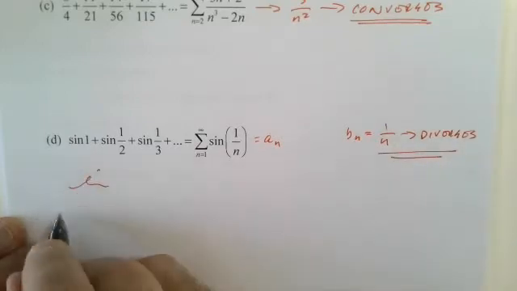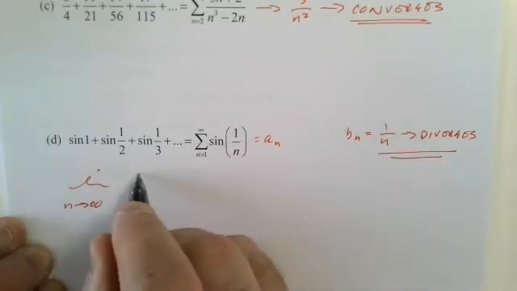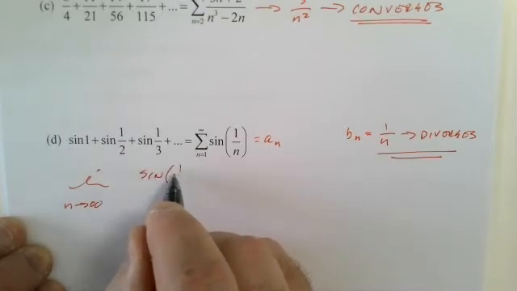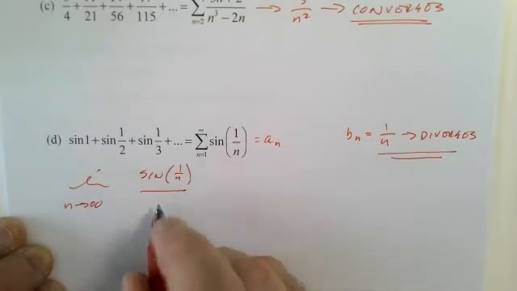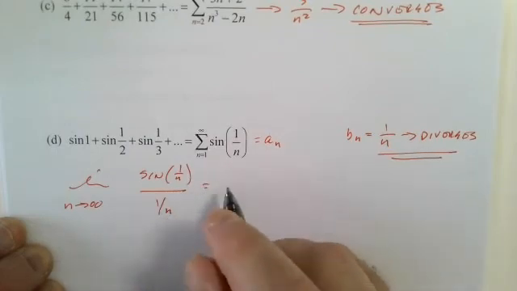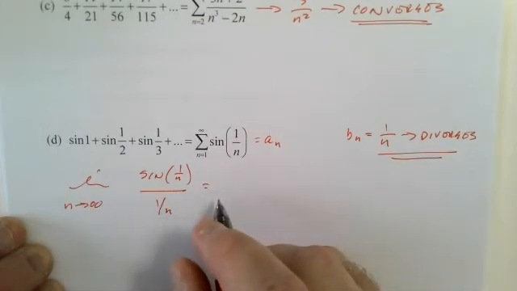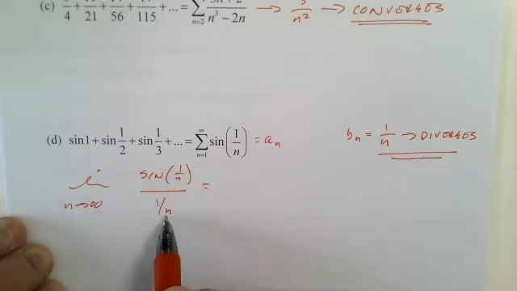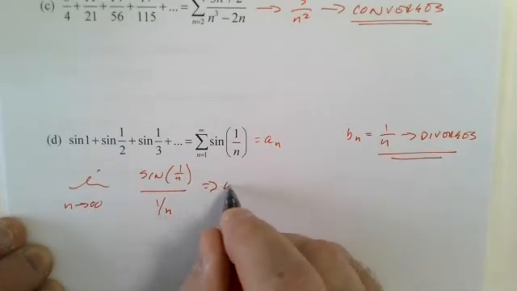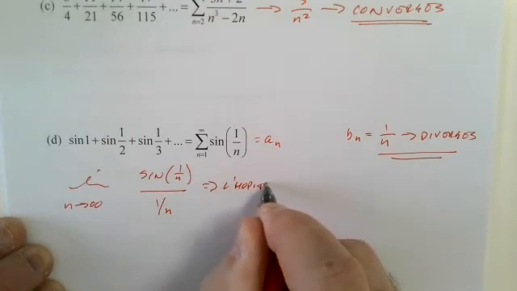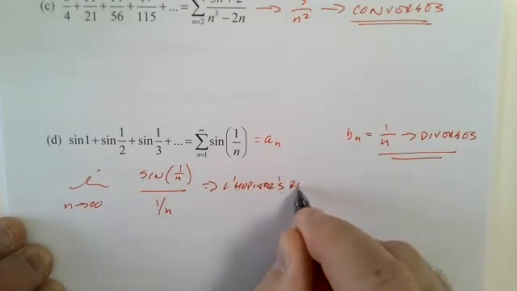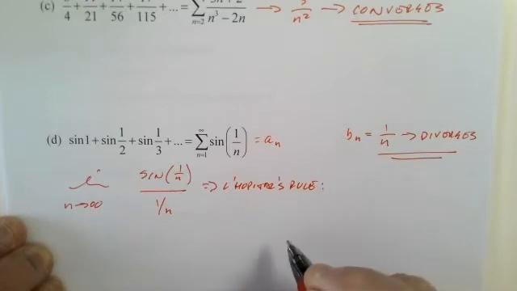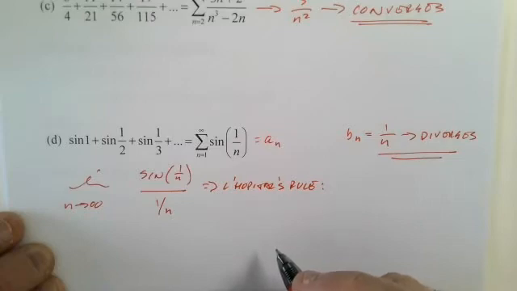So the limit as n goes to infinity of sine of 1 over n over 1 over n. Infinity over 0, L'Hopital. Let's see. Oh, I cheated when I did this last time.